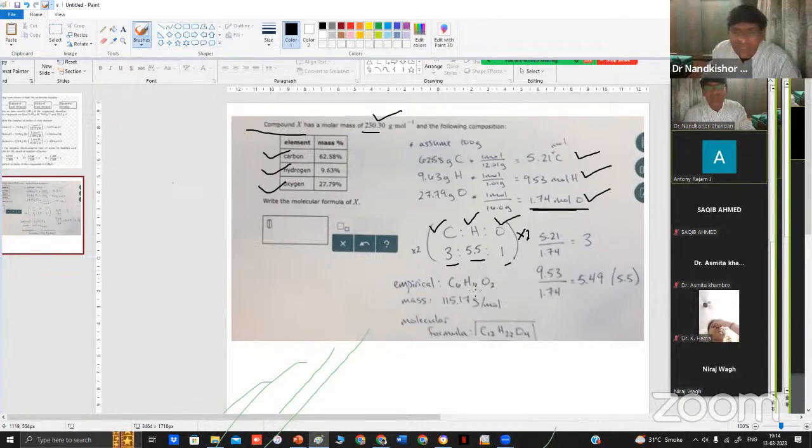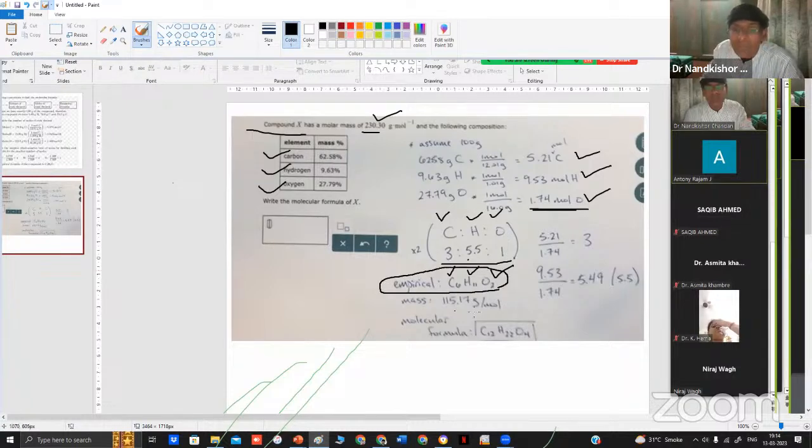From this calculation we got this, and here this is 5.5, so that does not mean this is the empirical formula. The empirical formula should be twice. If I make it twice, this should be C6, this should be 11, and O will be twice. So this now becomes the empirical formula.